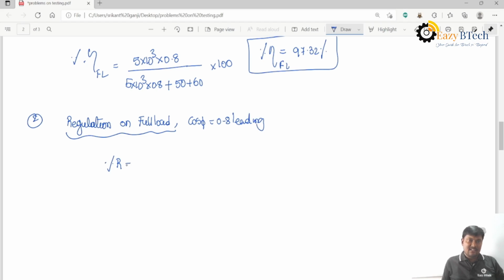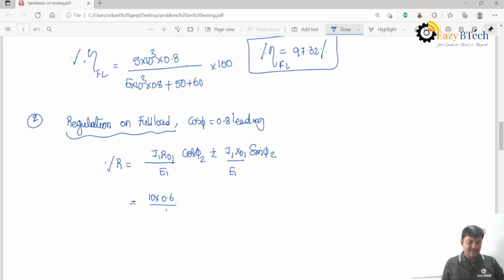Percentage regulation is equal to I1 into R01 cos phi 2 plus or minus I1 into X01 sin phi 2, divided by E1. This open circuit test and short circuit test are both conducted at the high voltage side. I1 is 10 amperes and R01 is calculated from the short circuit test, divided by E1.